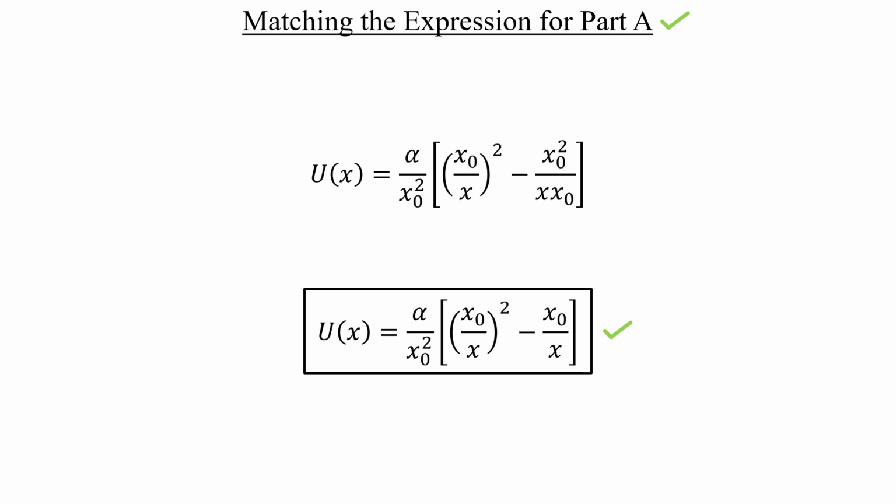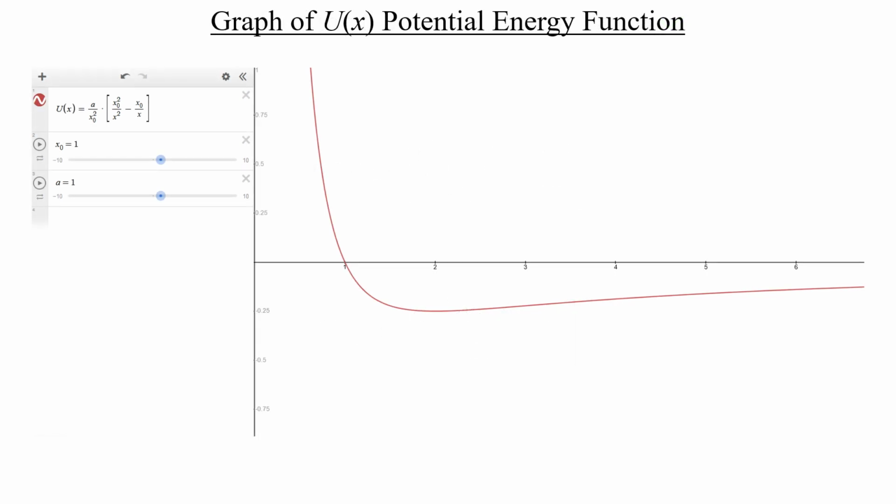We're not given any specific values for alpha, beta, or x naught, so I've set our variables equal to 1 so we can get the general form of the potential energy curve. Let's move on to the next task, which is calculating the potential energy at the point x naught.